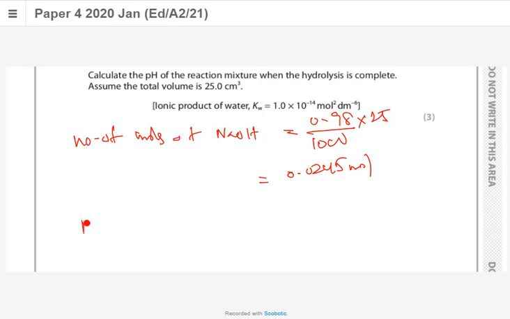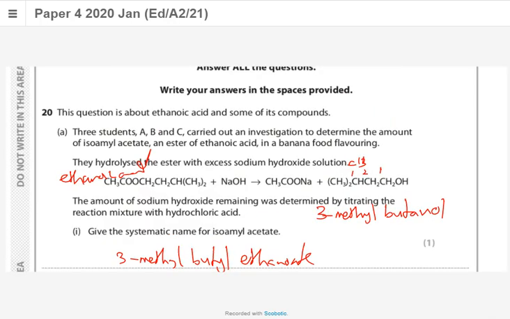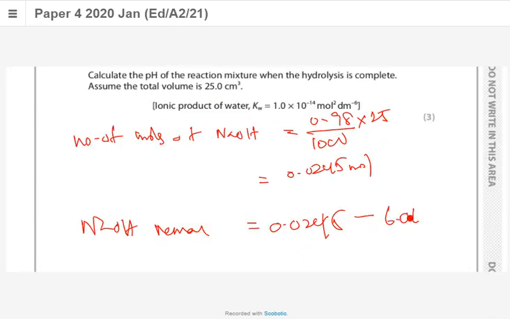So to find the sodium hydroxide which remains, 0.04245 minus the reacted amount, 6.06 times 10 to the power minus 3, right? So we get the amount of sodium hydroxide which remains. What is the answer there? 0.0184 moles of sodium hydroxide remains.